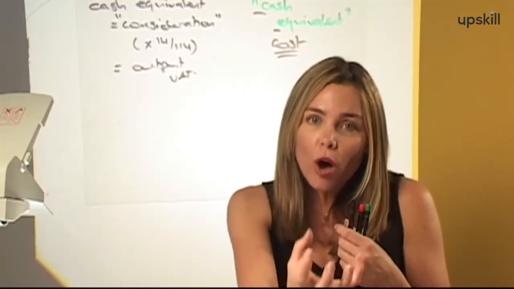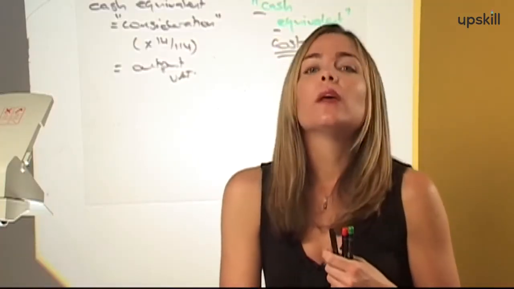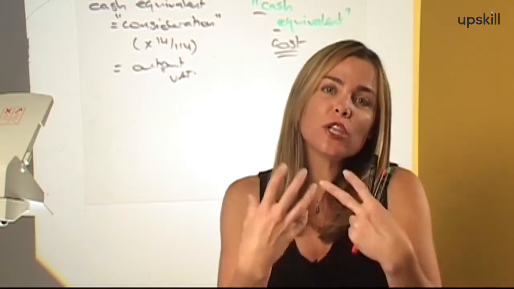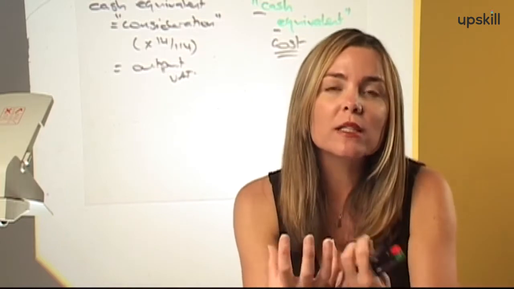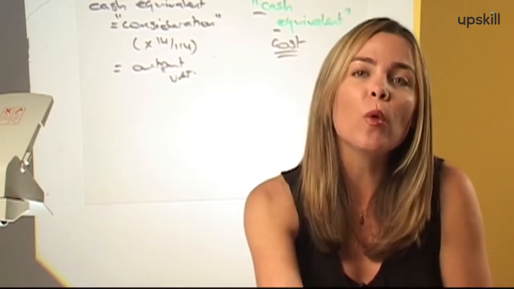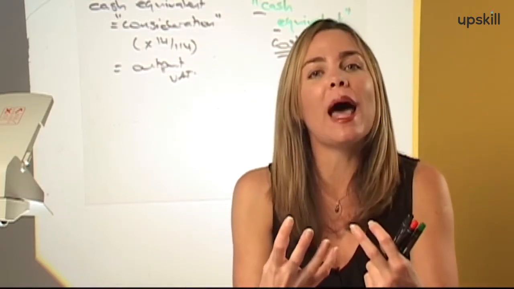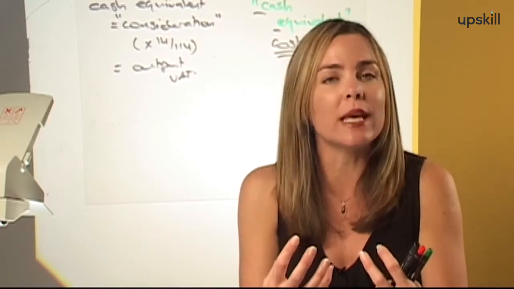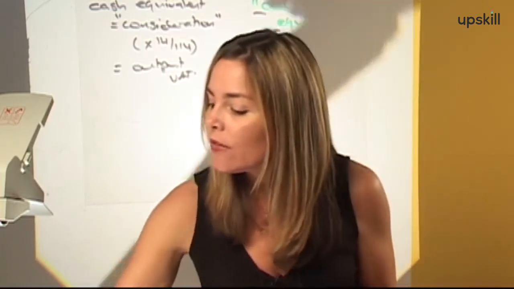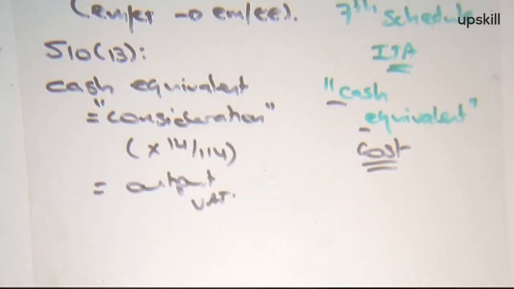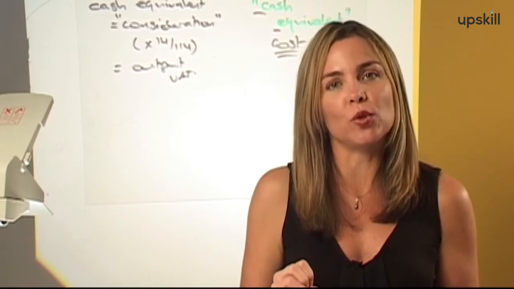So whatever it cost the employer to obtain this free or cheap asset or service is the cash equivalent that will be made available, or the amount of that supply that will be made available to the employee. So we've got to be careful because the 7th Schedule says to us, take the cash equivalent less any amount the employee has had to pay the employer for that free or cheap asset or service.